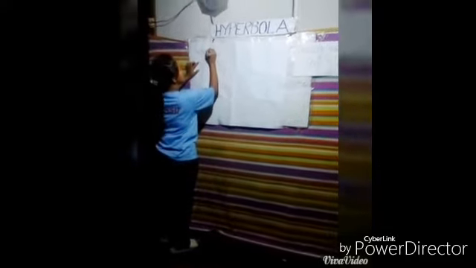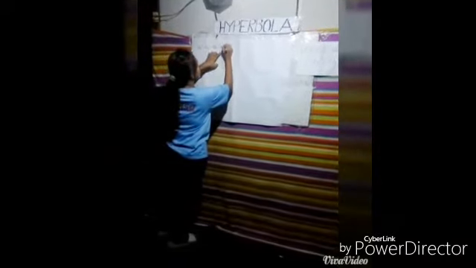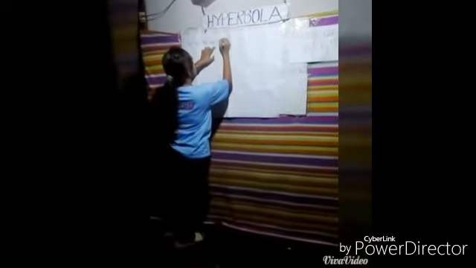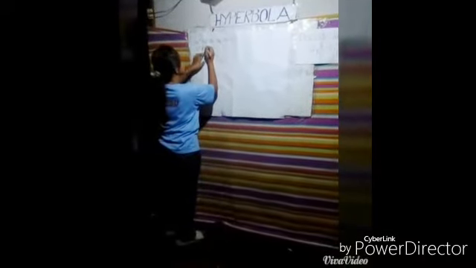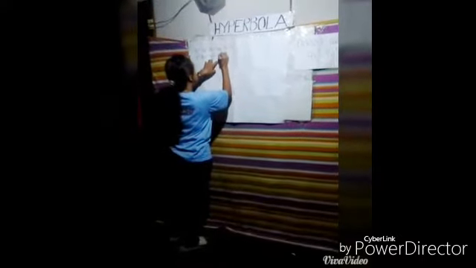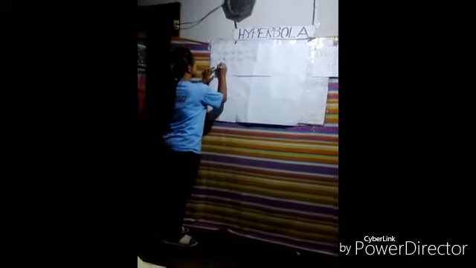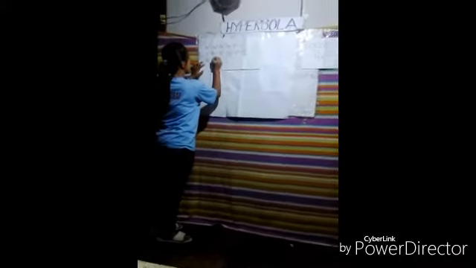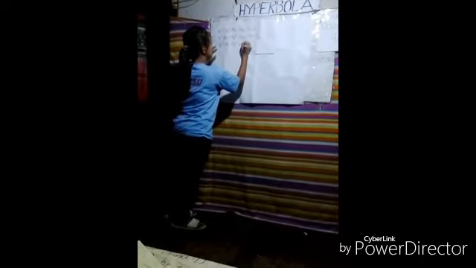9x squared minus 4y squared minus 18x minus 16y minus 43 equals 0. Then group the terms: 9x squared minus 18x, minus 4y squared minus 16y.